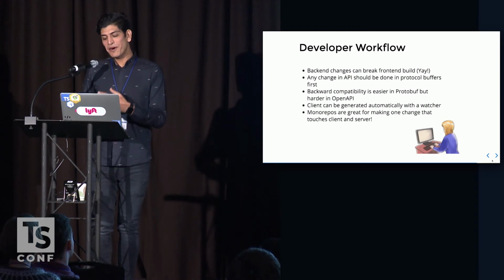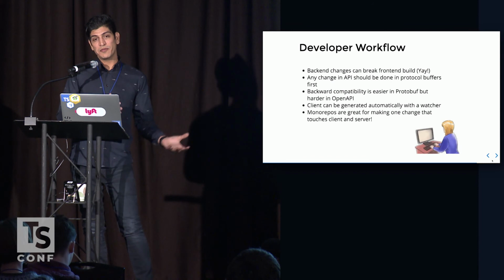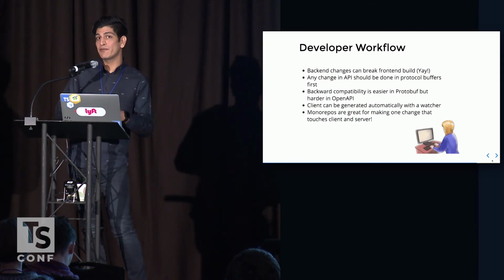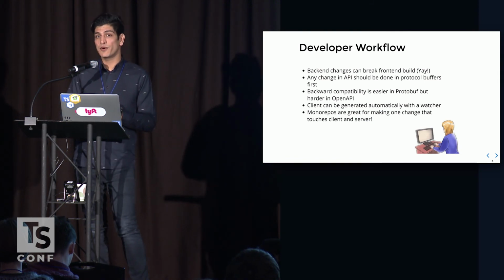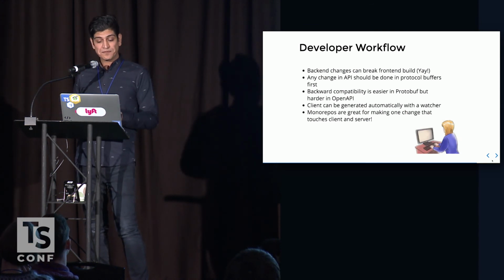Then the second part of it is, any change that you want to do, it has to start from the protocol buffer. Protocol buffer has a very, very good system for backward compatibility. It's the designs, I wouldn't go into details, but you don't have to make a new version manually like the way JSON schema works. You can just add new fields and mark fields as deprecated and keep backward compatibility.